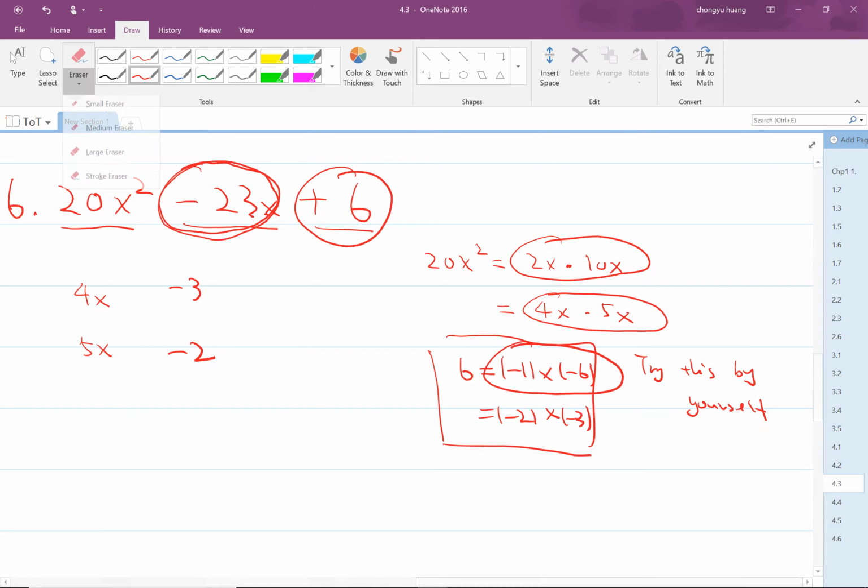Okay, so let me write a little more clearly. Try this by yourself. Basically, as I say, you have to think about it. Over here, negative 1 and negative 6 is actually not working.